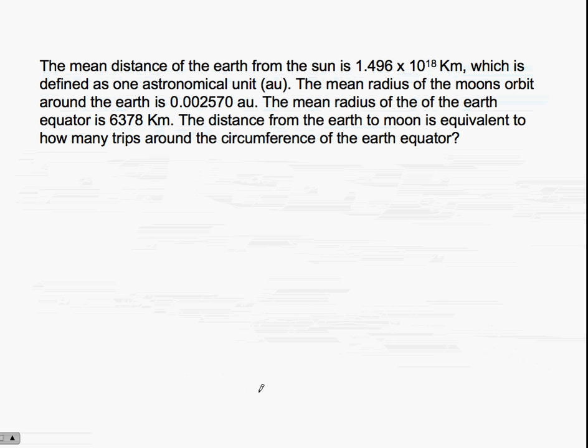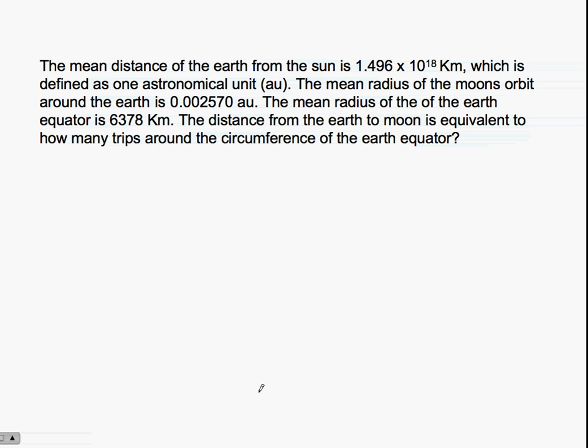Okay. Let's look at a problem a little bit more interesting. This problem says the mean distance of the Earth from the Sun is 1.496 times 10 to the 8th kilometers, which is defined as 1 astronomical unit. The mean radius of the Moon's orbit around the Earth is 0.00257 AU.